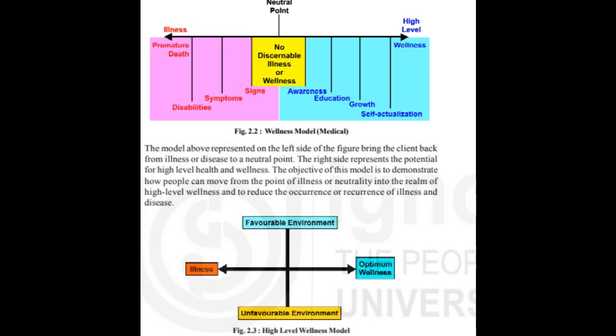2.4 Models of health and illness. A model is a theoretical way of understanding a concept or idea. Because health and illness are complex concepts, models are used to understand the relationships between these concepts and the client's attitudes towards health and health practices.